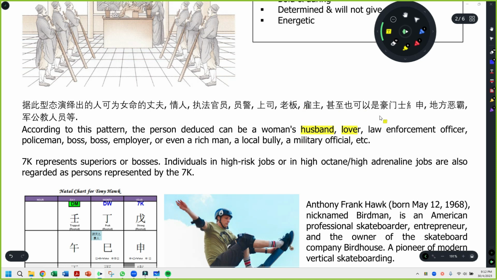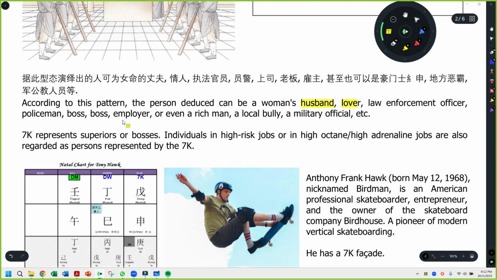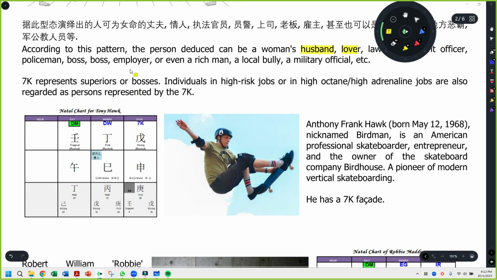It could also represent police officers, bosses, or basically a tyrant and so on. Now, generally, people with 7K presence in them tend to have an affinity with jobs that are of high risk by nature, high octane, high adrenaline, because these are the representation of what 7K represents.